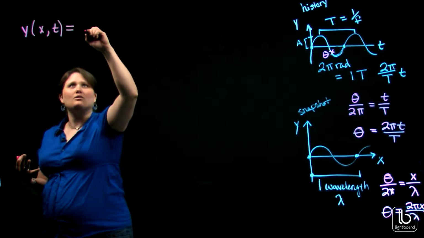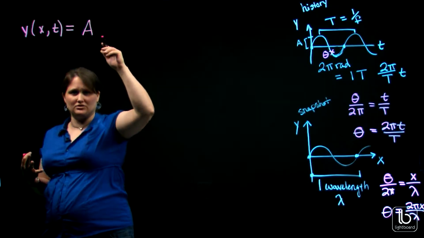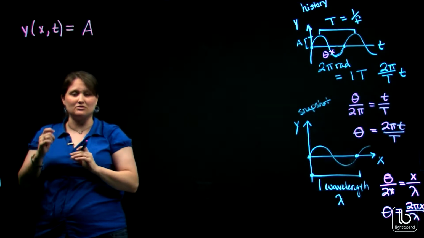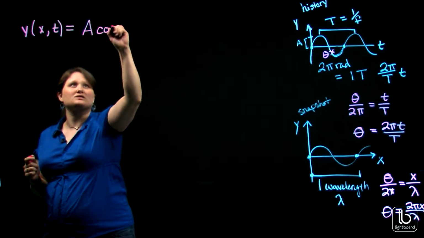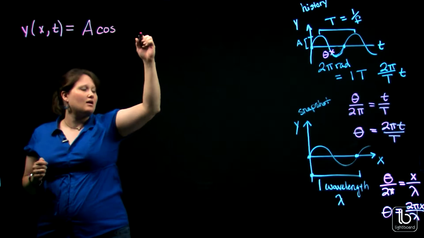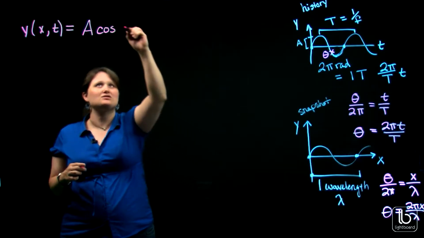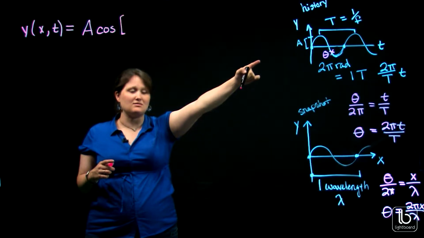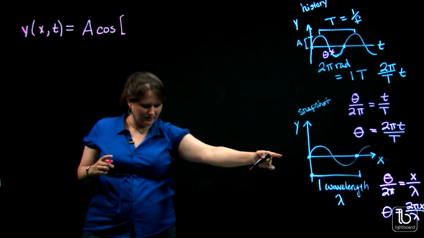So we can keep our amplitude bit because the wave itself has some given amplitude. We're going to keep our cosine term. And now we're going to take into account both timing and position.